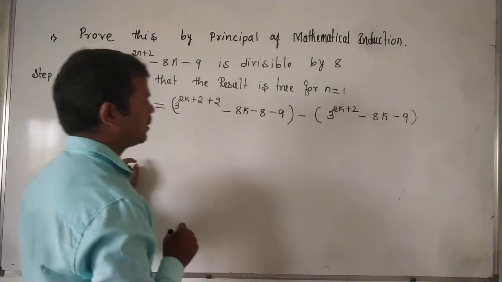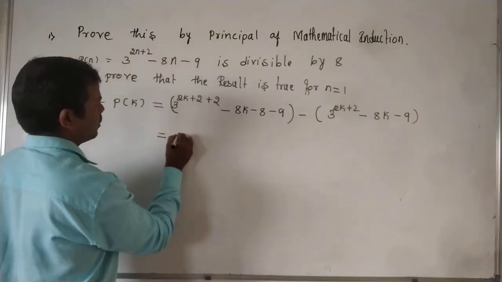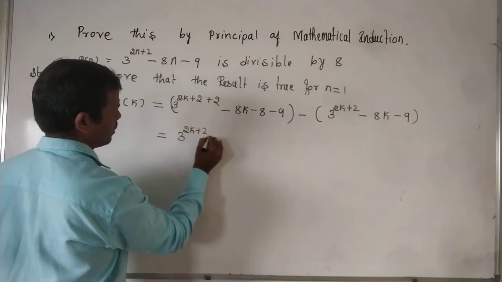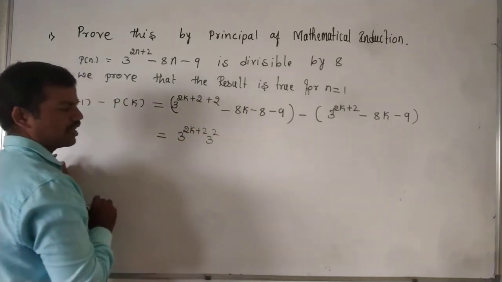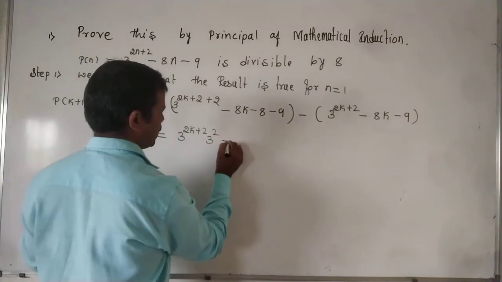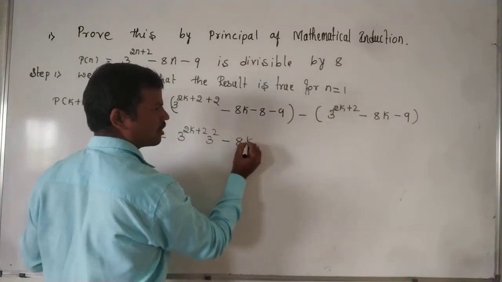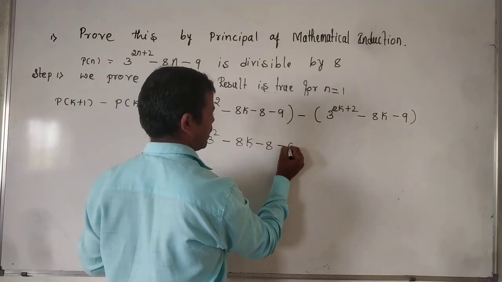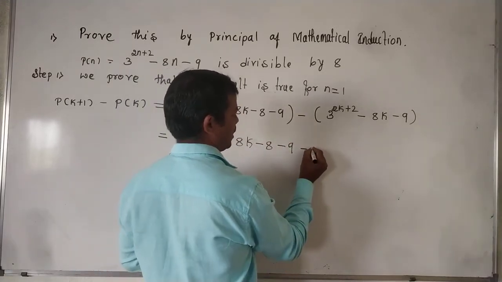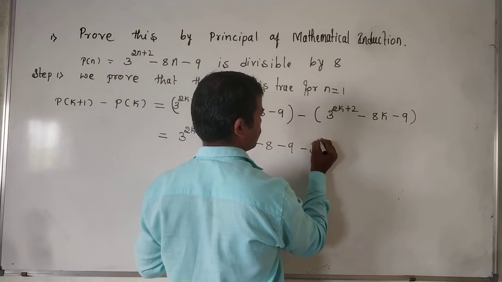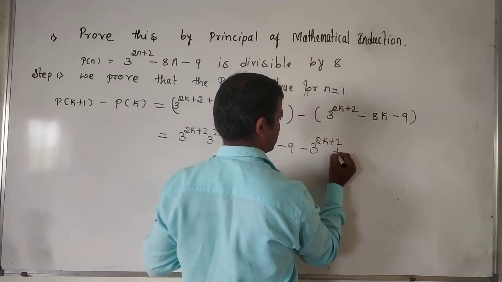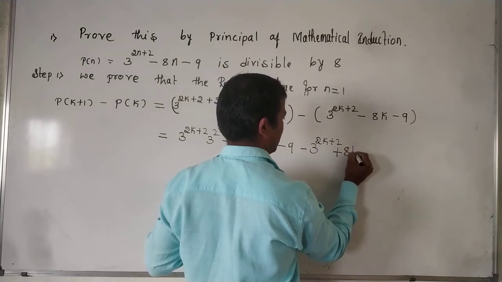So simplify. 3 raised to 2k plus 2 plus 2 becomes 3 squared by the laws of indices, minus 8k minus 8 minus 9, minus 3 raised to 2k plus 2, minus into minus plus 8k.